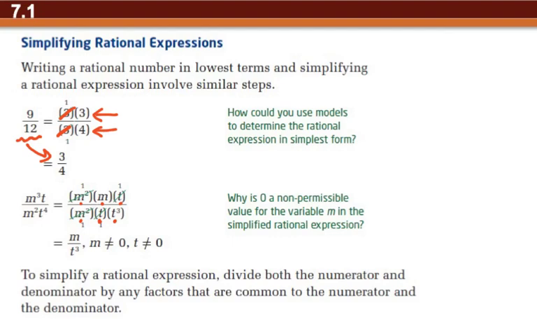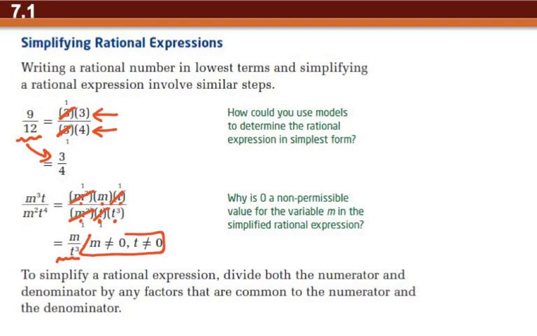Why have I done that and made it more complicated? To make it more obvious what can cancel. Here we have m squareds that can cancel, as well as t's that can cancel, and we're left with m over t cubed. Writing it this way isn't always necessary, but for the beginning to explain it, it's sometimes useful to see why things cancel the way they do.